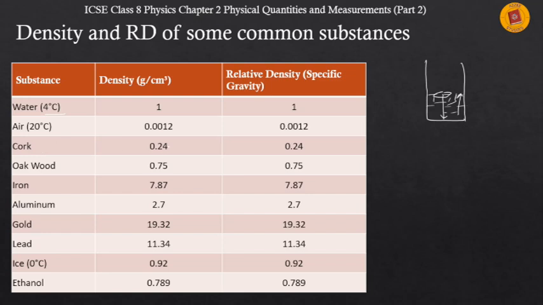Air has such a low density, it's so thin. That is why most of the objects we see sit on the surface of the earth or on the table like that. It does not go up.